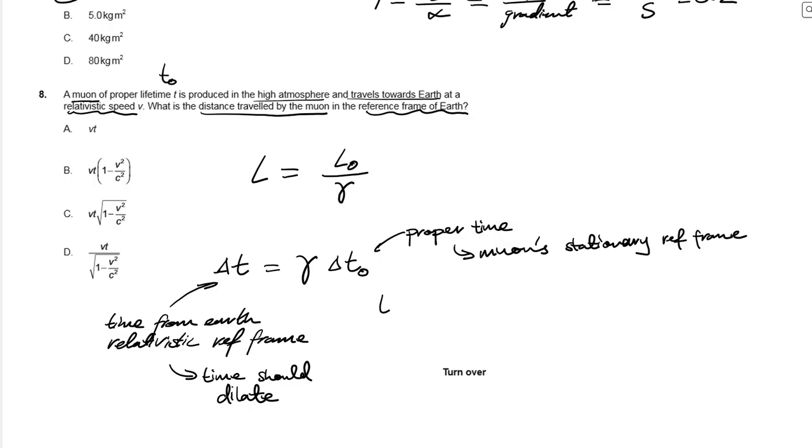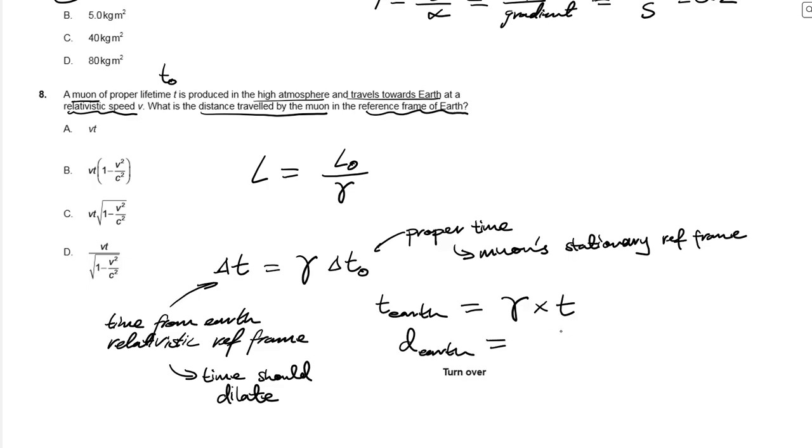And so if we use this formula, T from Earth is equal to the Lorentz factor times proper time, which is just T. And so we know now we want to find the distance from Earth, right?